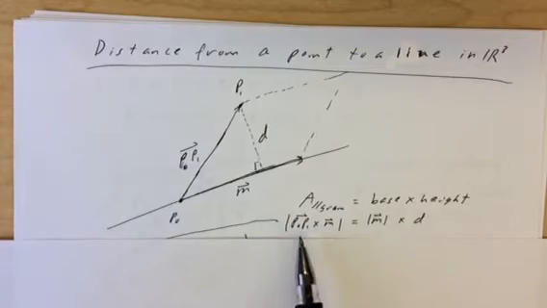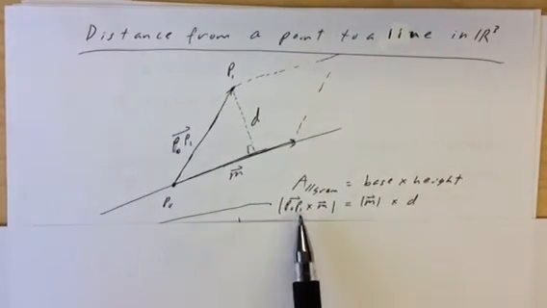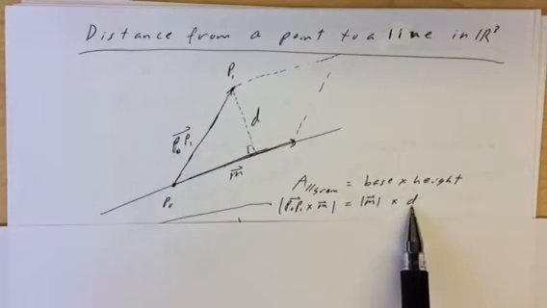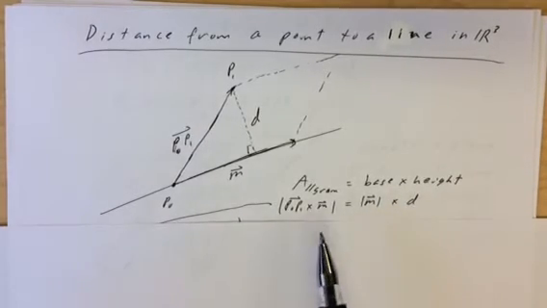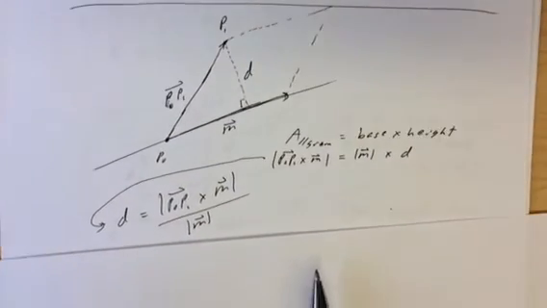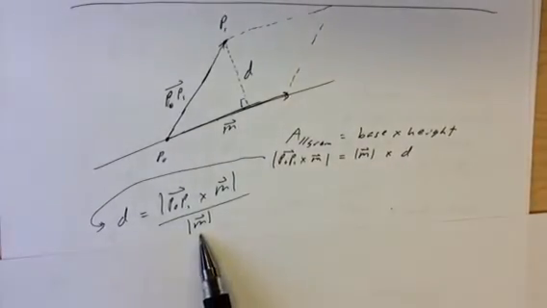The area of the parallelogram is the magnitude of the cross product, the base is the magnitude of m, and d is the height. Rearrange this, divide both sides by the magnitude of m, and you've got the distance from the point to that line: this formula right here.